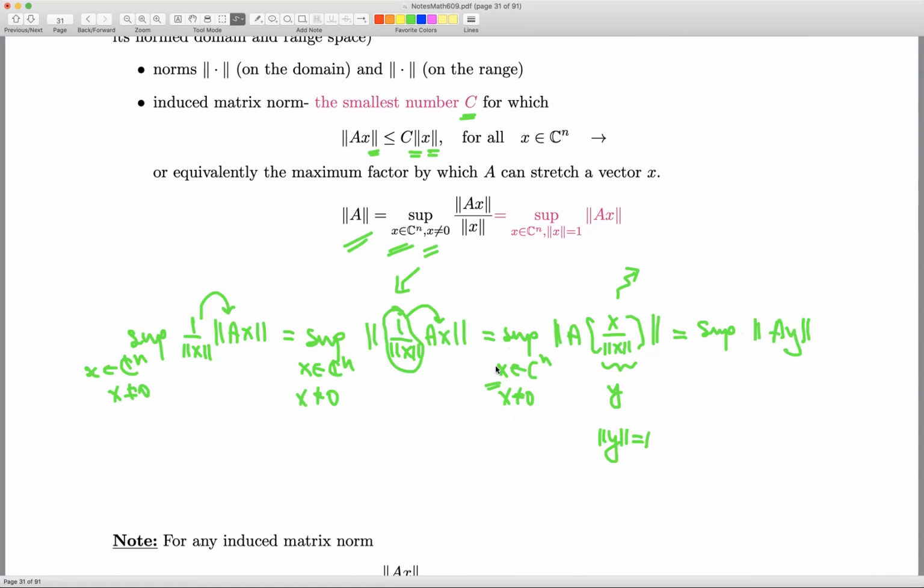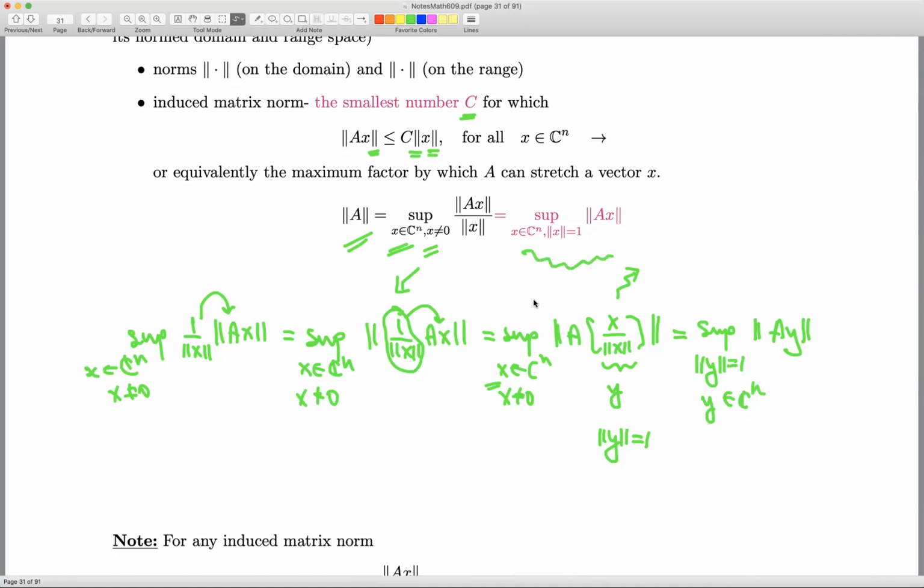And when x moves around in Cn, y moves around the unit sphere. So this is the sup over all vectors y for which the norm is equal to 1.